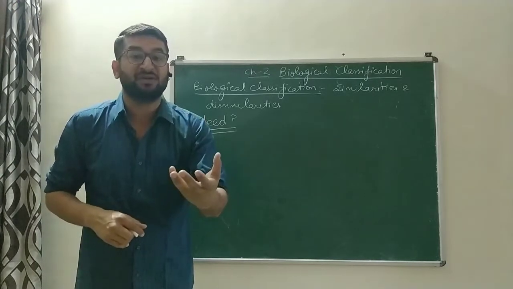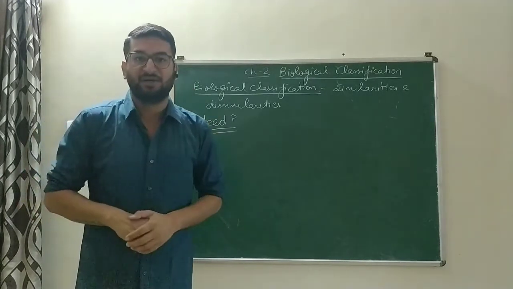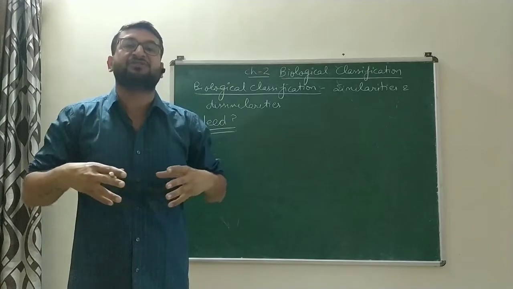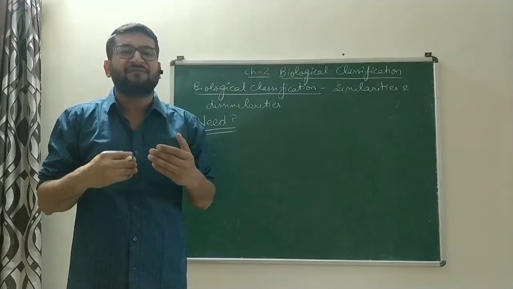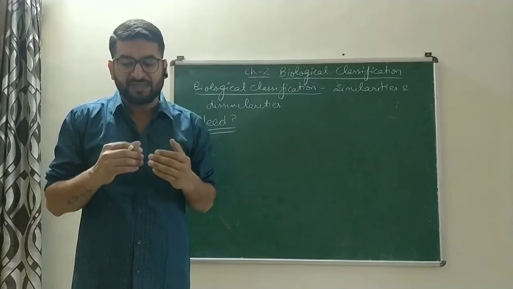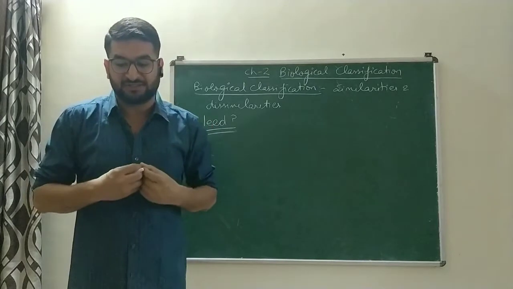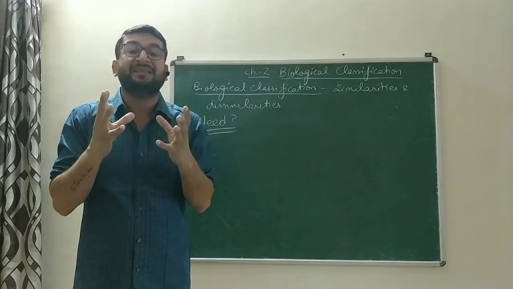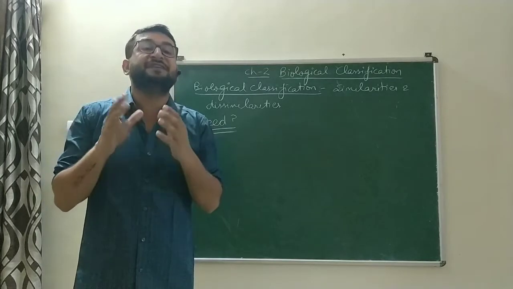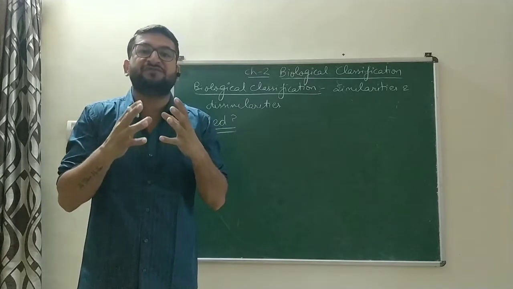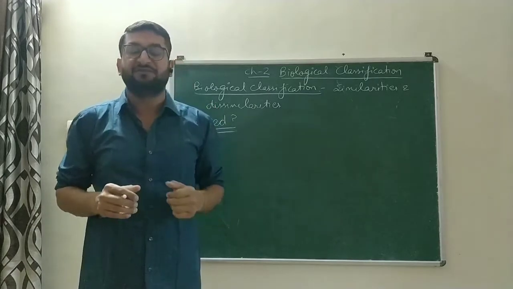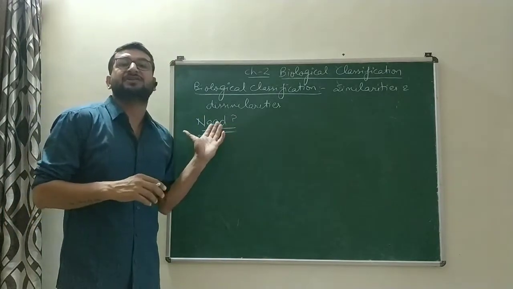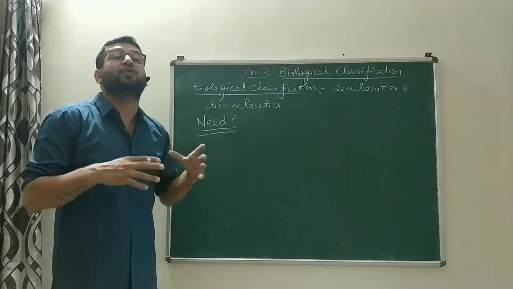So all the living organisms are not present at one place, and for that we need to classify them on the basis of their habits and habitats. Next, classification helps us in maintaining the characteristics as well as the species number, so that we can save those species which are on the verge of extinction, which are vulnerable, which are endangered. So this classification system helps us in these activities, and that is why we require it.